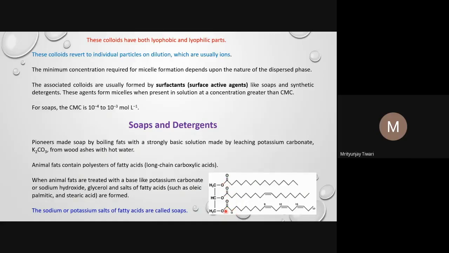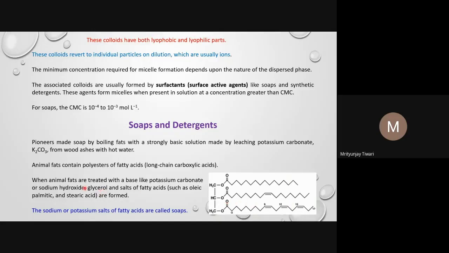This molecule up to here, if this is OH, this is also OH, this is also OH, this is glycerol. When glycerol combines with the fatty acids and all the OH groups make ester bonds, we call such molecules a fat. So this is an example of a fat.